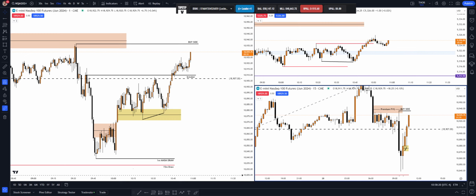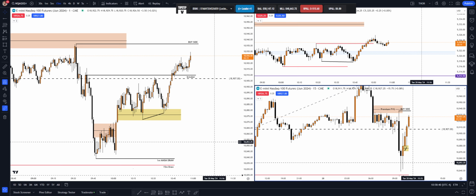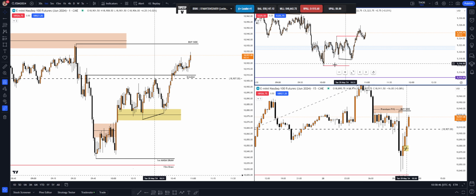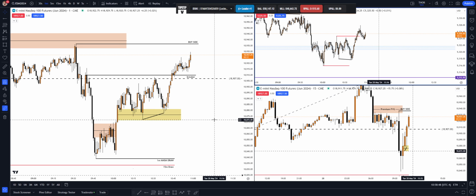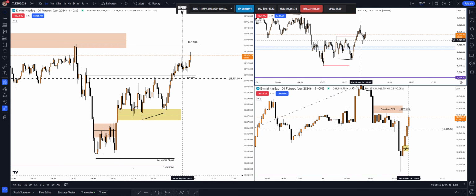Seems like that'll be the case. It also seems like ES could be a bitch here. Very unwilling to move.